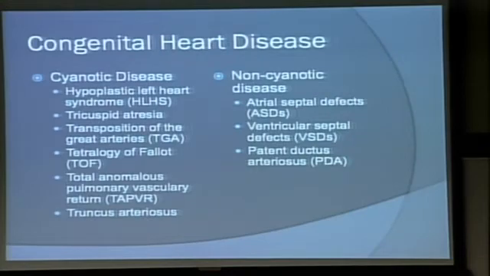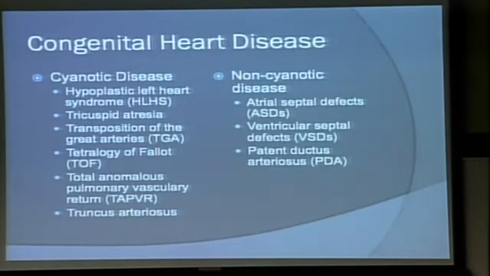The usual things are tricuspid atresia, partial narrowing or significant narrowing of the tricuspid valve, and transposition of the great vessels, where the pulmonary artery and aorta are just reversed. So the pulmonary artery essentially comes out of the left heart instead of the right heart. Kind of a bad deal there.